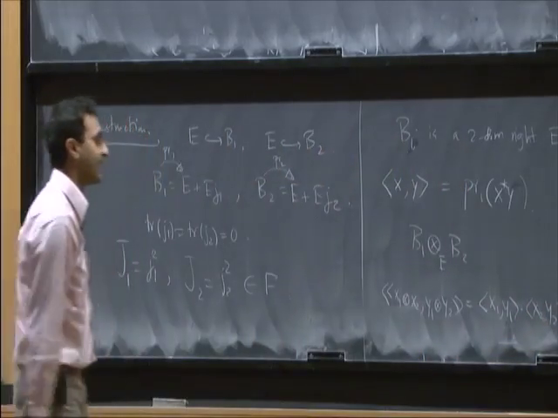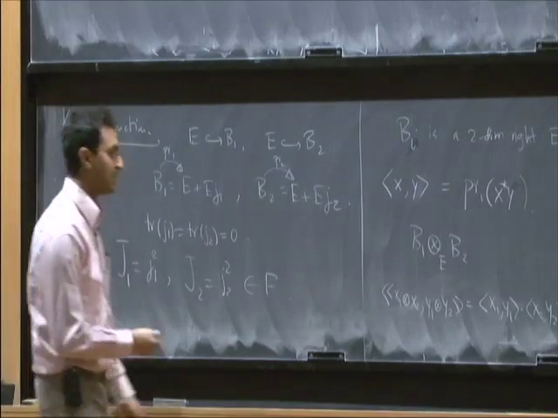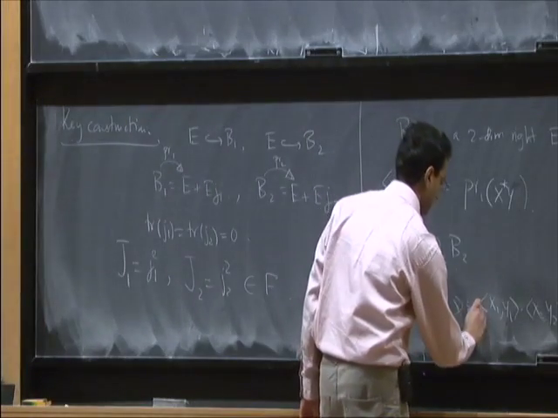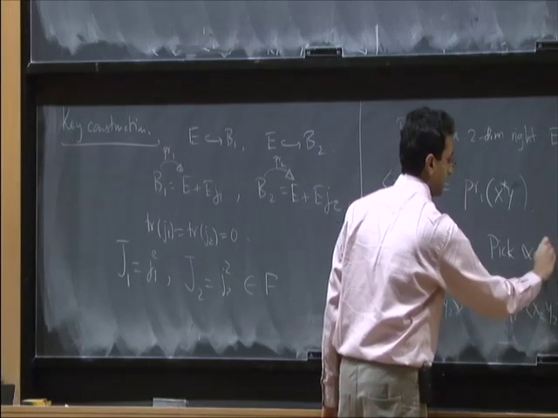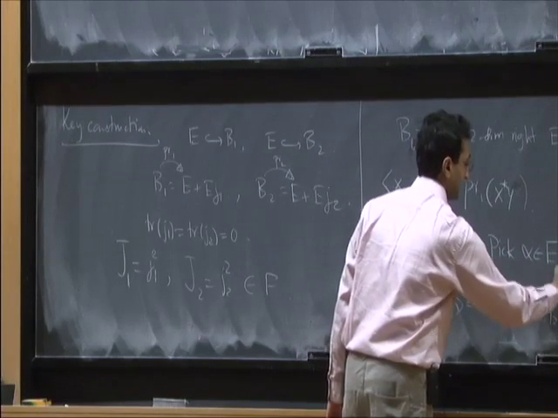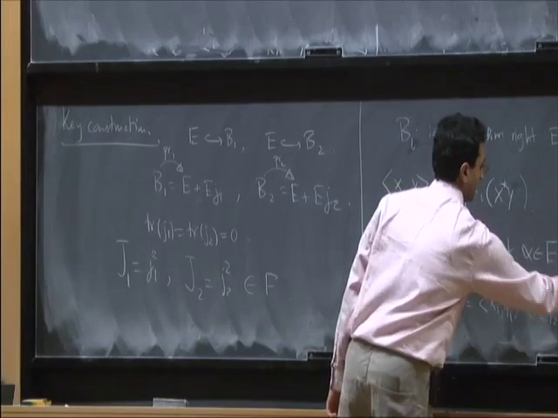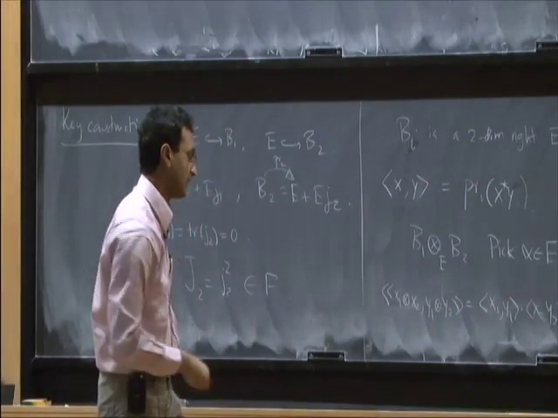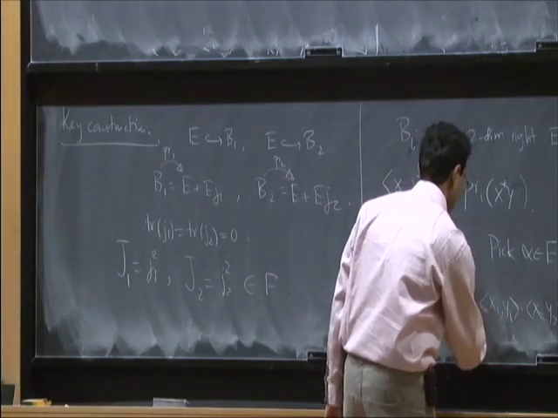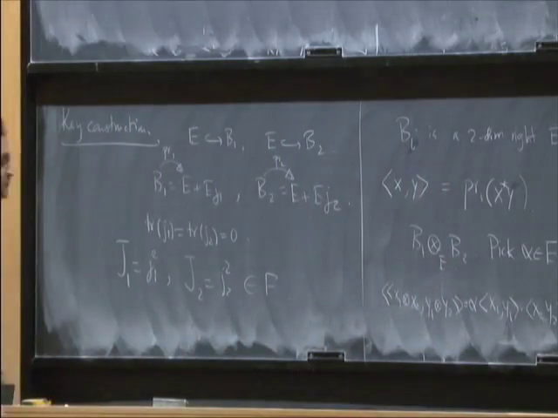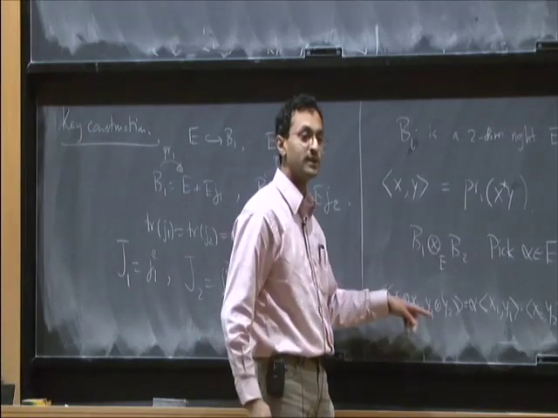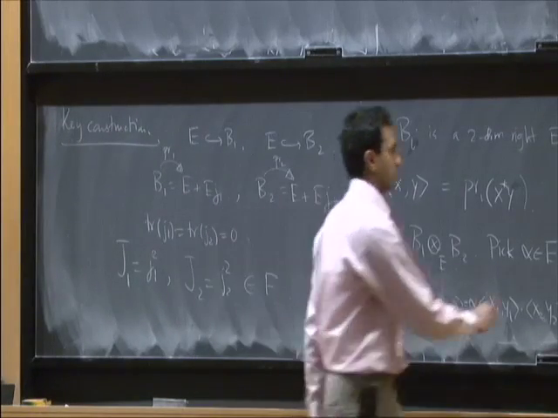This is Hermitian, but I can make it skew Hermitian by multiplying it. So I pick some element which I'll call alpha: pick alpha in E of trace 0 that's non-zero, and multiply this by alpha. This has the effect of changing this Hermitian form to a skew Hermitian form.